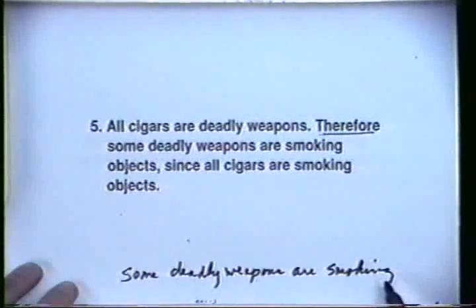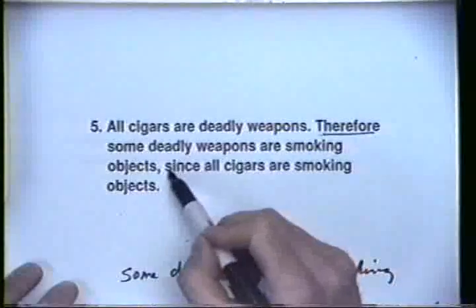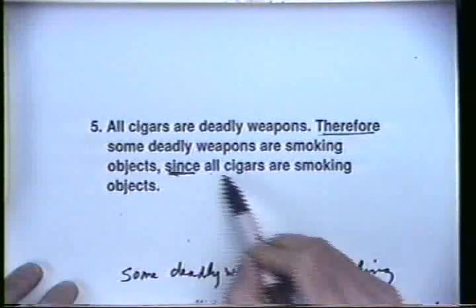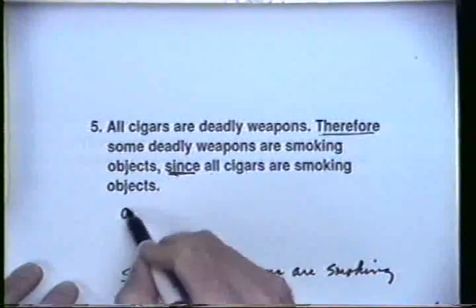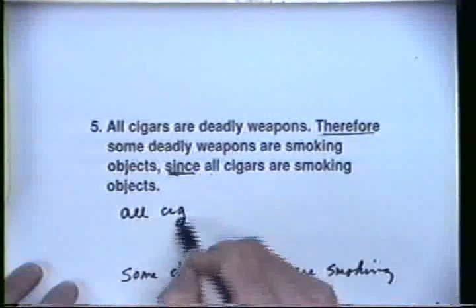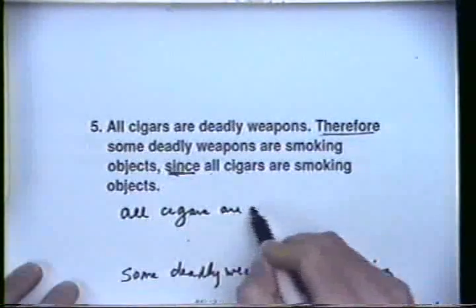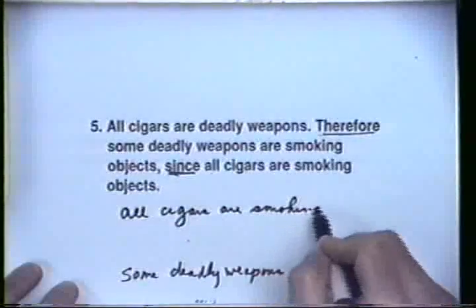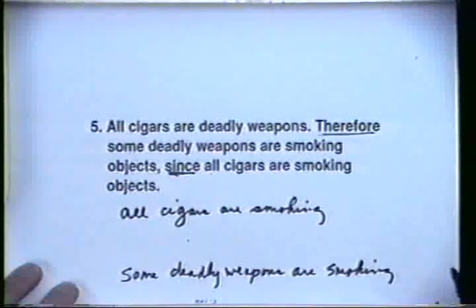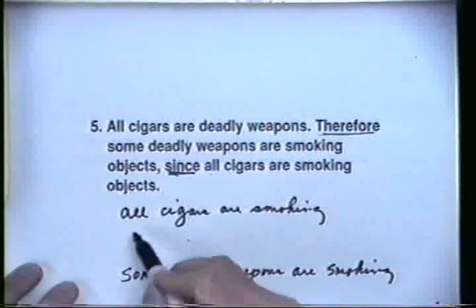That makes smoking objects the major term. Since, of course, is a premise indicator here, so all cigars are smoking objects must be the major premise. And what's left over? All cigars are deadly weapons.